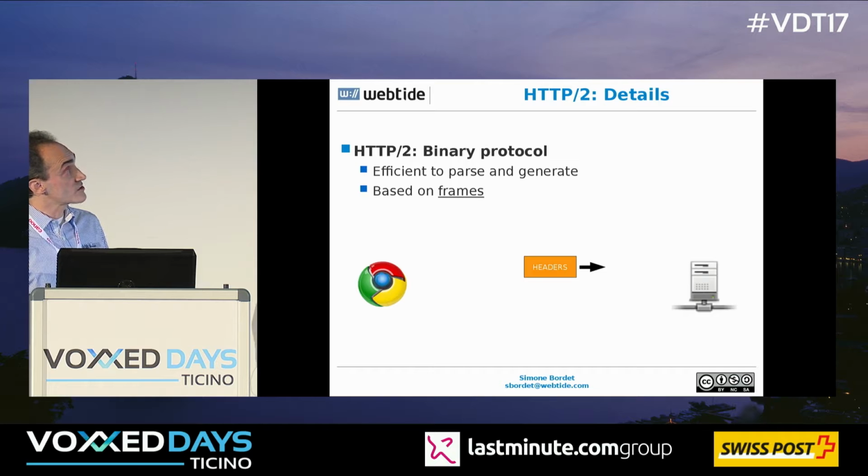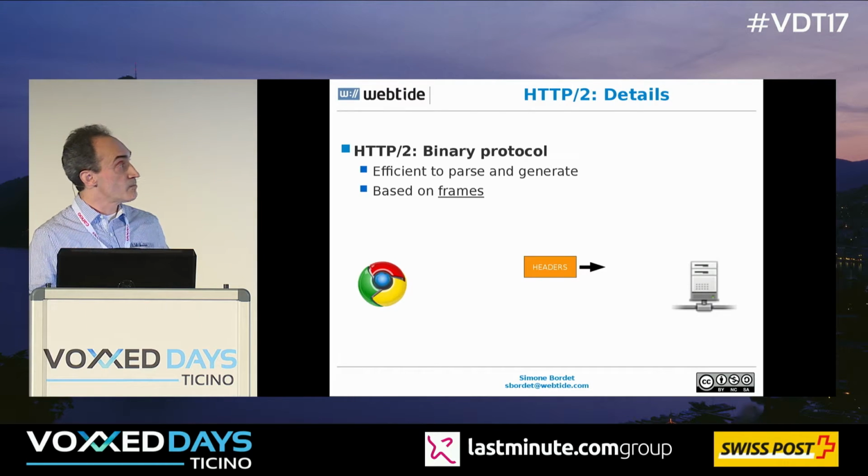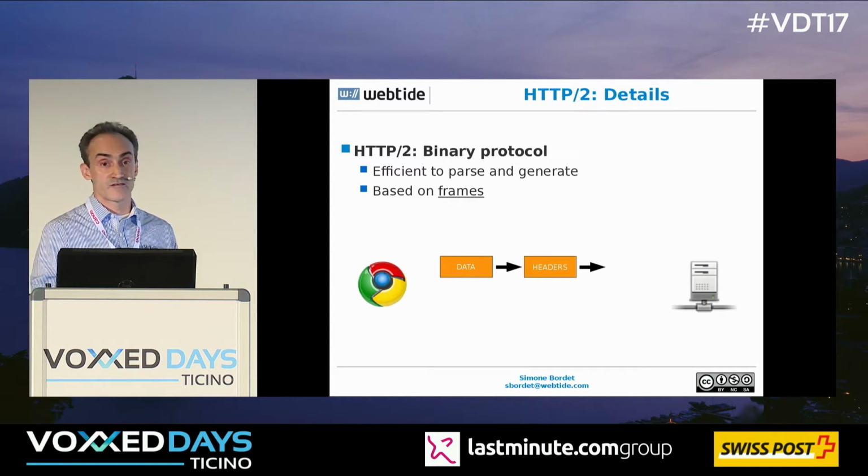So the way it works is based on frames. Every time a browser wants to send a request to a server, it packs the information, the request method, the URI, the HTTP headers, into a frame called headers frame and sends it to the server. If it is a post upload, then it packs the content of the post into a different frame called a data frame, okay?